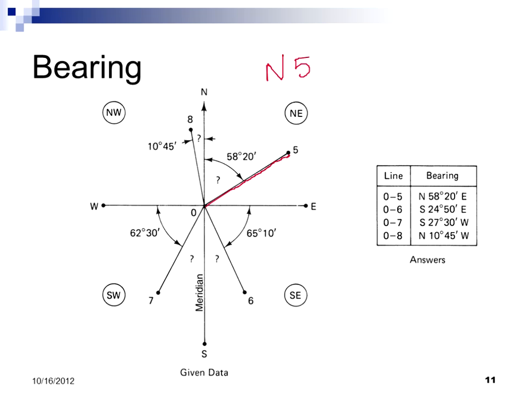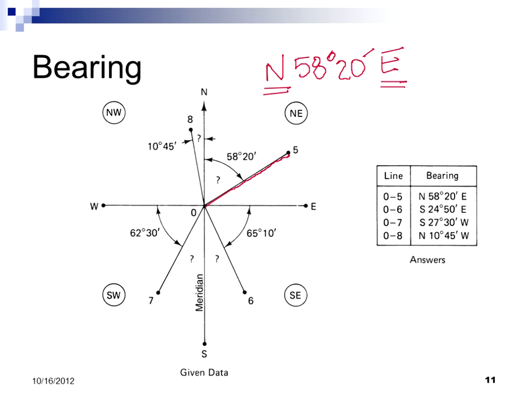How far are we heading? 58 degrees, 20 minutes east. That is our bearing of line 0, 5.